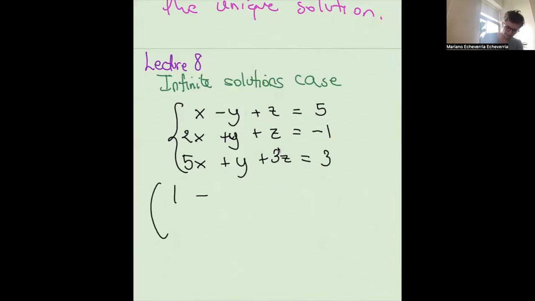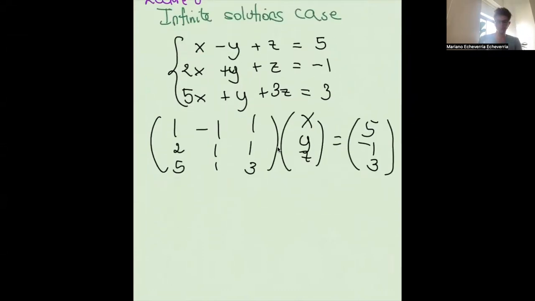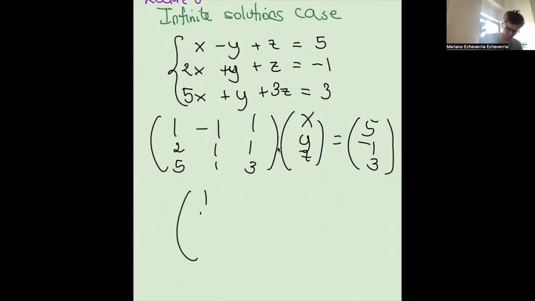You can write 1, -1, 1, 2, 1, 1, 5, 1, 3 times x, y, z equals 5, -1, 3. Okay, and then again, this is kind of redundant. You don't care about it, so you can put the vertical line just to do the operations.